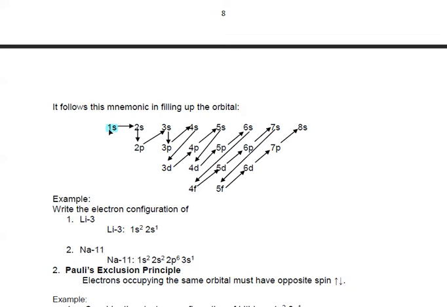It will become 1s2 here, 2s2, 2p6, okay, and 3s1. Alright? When you add all that up, 2 plus 2 is 4, plus 6 is 10, plus 1 is 11.